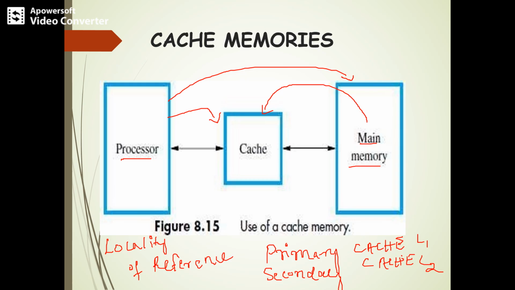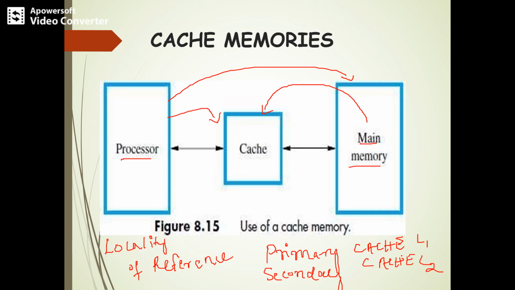So the cache mechanism is based on a property of computer programs called locality of reference. Analysis of programs shows that most of their execution time is spent on routines in which many instructions are executed repeatedly. Those instructions are called localized areas of the program.